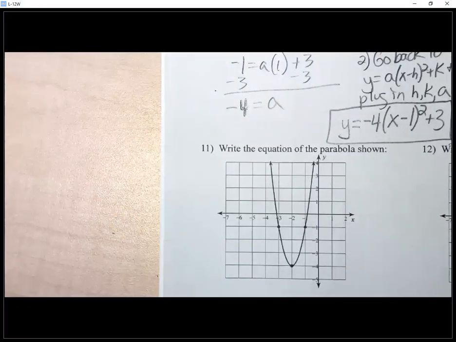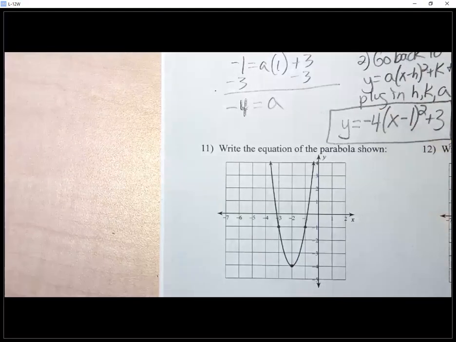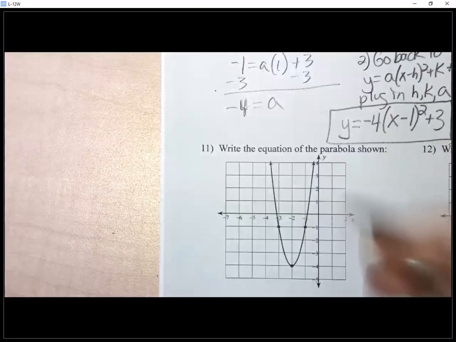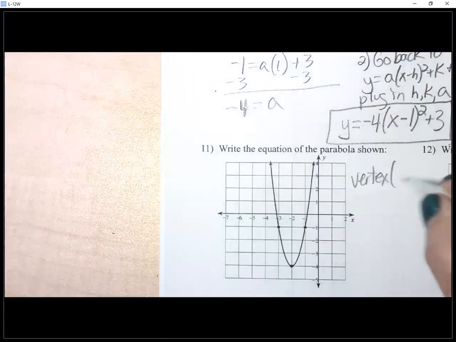So I could go through all the solving like I did in the last problem, but you don't even have to. I already know what A is. And I know what H and K are, don't I? Because can't I just look at this and I know where the vertex is? Where's your vertex? -2, -4, right? You can see it. There it is.